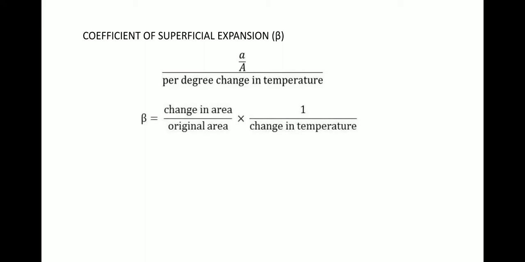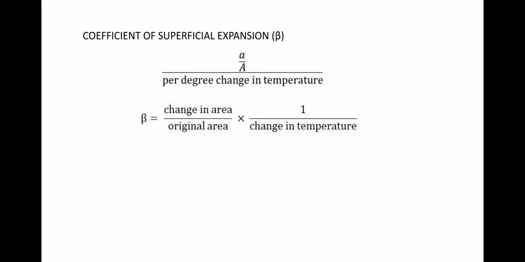Thus the coefficient of superficial expansion, which is represented by capital beta, is actually the change in area, that is the increase in area, divided by the original area with every degree rise in temperature. So we can write down beta, the coefficient of superficial expansion, is equal to change in area by original area times 1 by change in temperature.